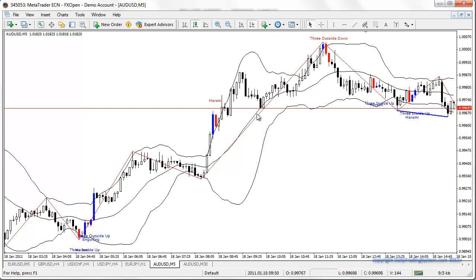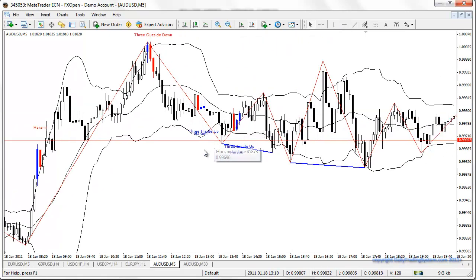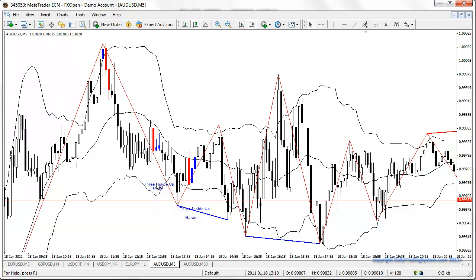So you place your trend line tool in, and you can see that we've got a couple Haramis that hit these. This one is referring to this lot up here, so I'd ignore that because it's nowhere near this. This has actually come down and hit it, so I know I'm at the bottom. There's a fair old distance to climb back up towards the top, so I could take that risk to fight and go back up there.